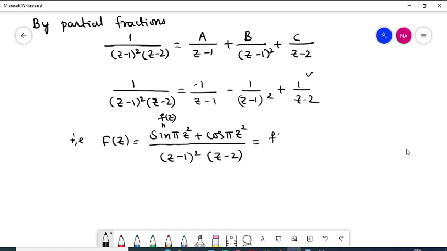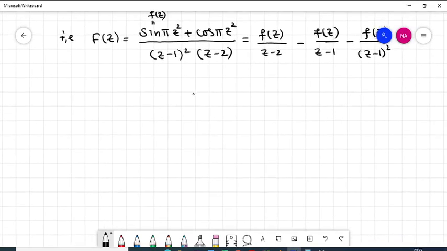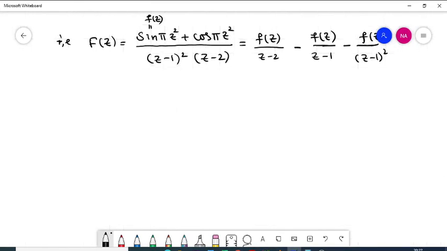So f of z divided by z minus 2 minus 1 divided by z minus 1 minus 1 divided by z minus 1 whole square. So sorry, this is f of z, this is f of z, right? Write it here at the end, where f of z equal to sin pi z square plus cos pi z square.